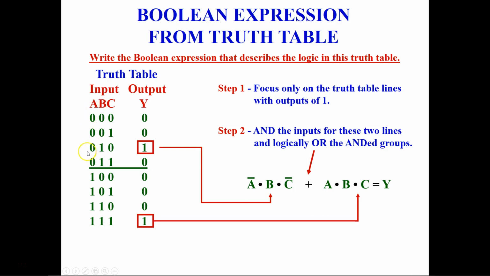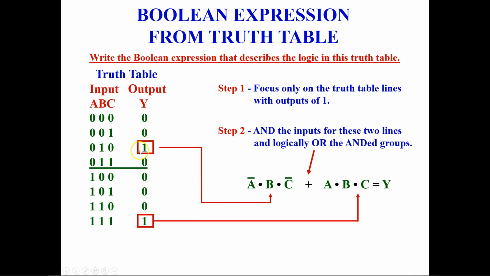For this particular instance, we have 0 1 0, so A is complemented. That's why you see here A complement, multiplied with B, and B is 1, so this is not going to be complemented. It stays B. And C is complemented, so that's why you see it complemented here.